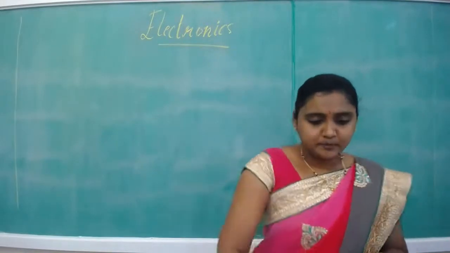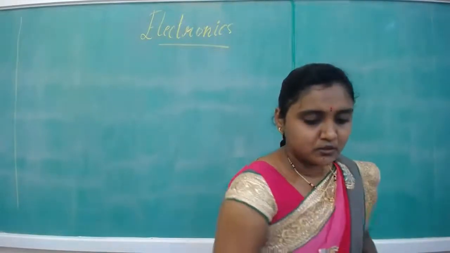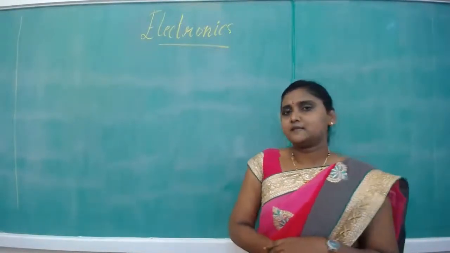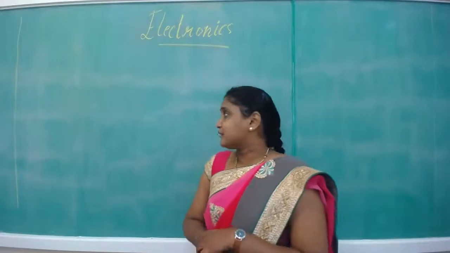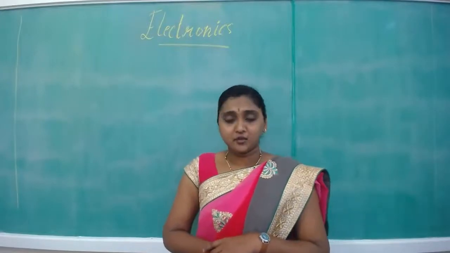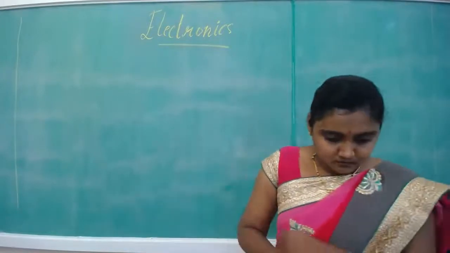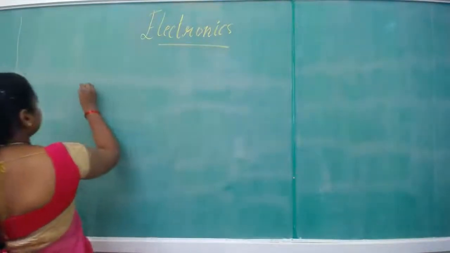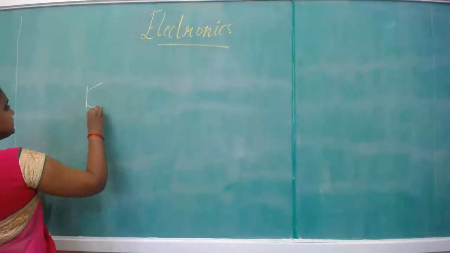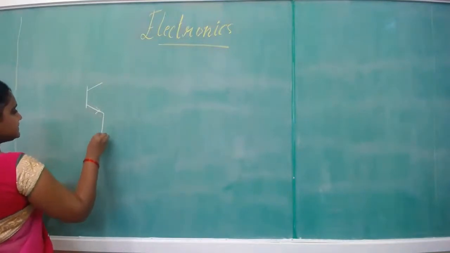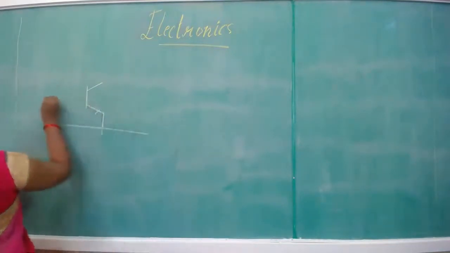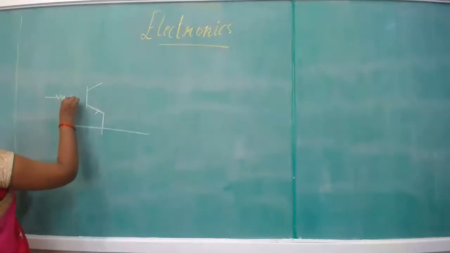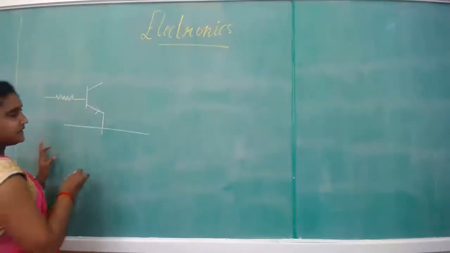For the Q point, I just want to solve one question using the expressions we have derived for the Q point. I'll be using the similar circuit we used in yesterday's class. I am solving the problem, and after that, I will move to the next topic.